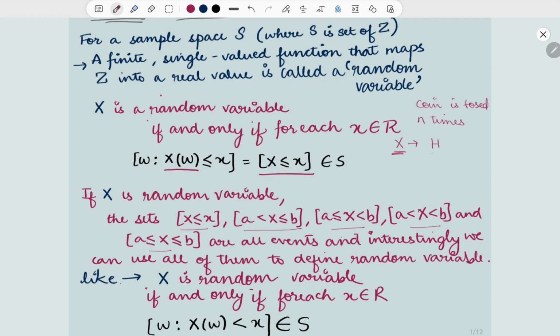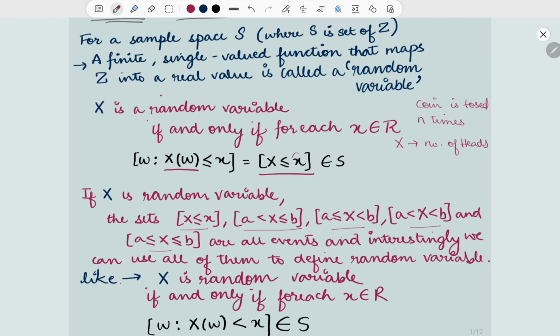X is a random variable which says that the outcome is a head. Or you can say x is a random variable that signifies the number of heads.